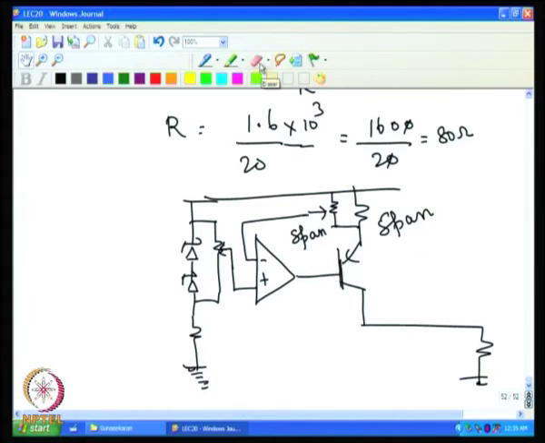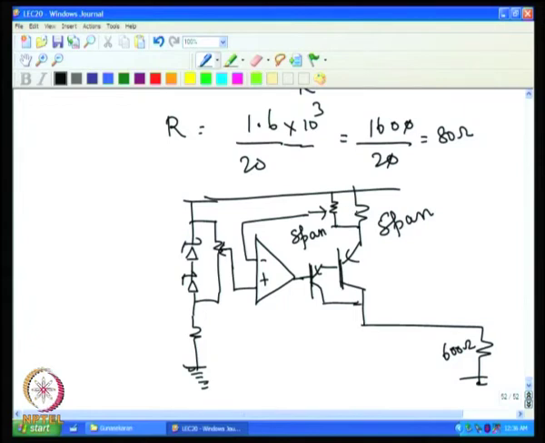So, we normally add a Darlington to this, that will make base current negligible, and the span will get adjusted with this.